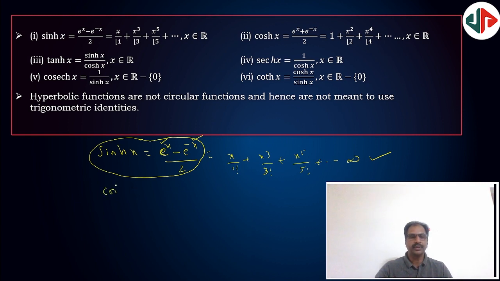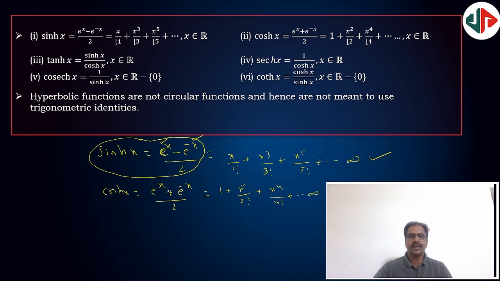And the hyperbolic cosine function is defined as e power x plus e power minus x by 2. Again, add those two expansions and divide by 2, then you get 1 plus x square by 2 factorial plus x power 4 by 4 factorial and so on up to infinity.